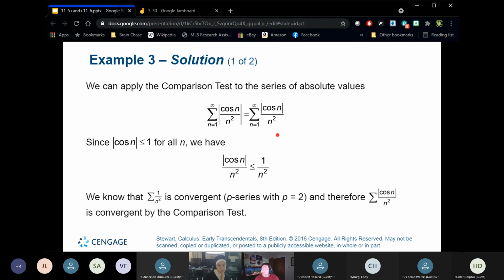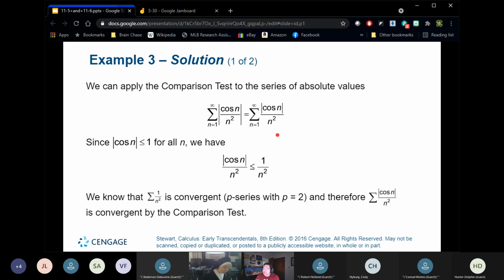Now, I do know that the absolute value of cosine of n is always going to be less than or equal to 1, because cosine goes between -1 and +1. So the absolute value of it always goes between 0 and 1. So I know that the absolute value of cosine of n over n^2 is always less than or equal to 1 over n^2. 1 over n^2 we know is convergent, that's the p-series.